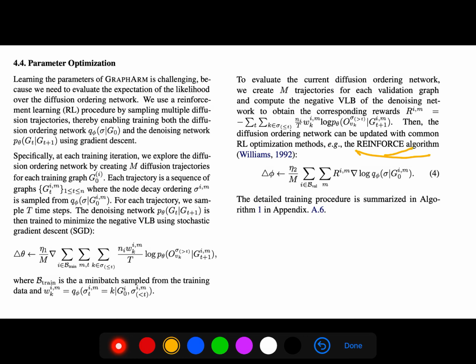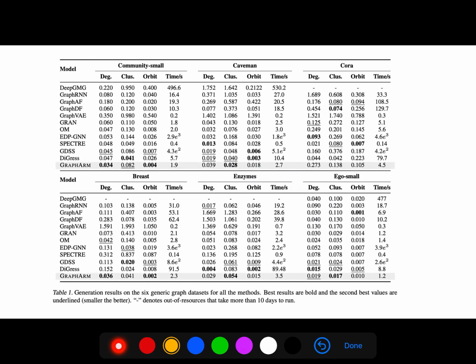But the REINFORCE algorithm has high variance, so when you just use this, it has a problem of variance. But this is a very good paper, and it has many citations because the idea of absorbing sets is very, very intuitive from the distribution point of view.